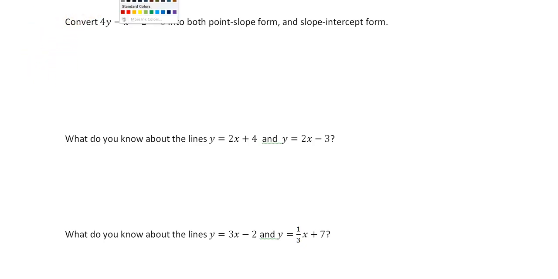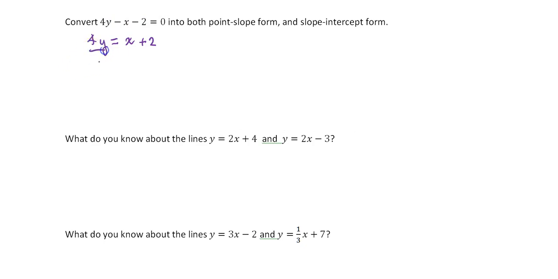Let's pick a different color. Alright, so I'm going to have a 4y equals, and then I'm moving these two to the other side. So I've got x plus 2, plus 0 would make no sense, so we're just going to leave it as a plus 2.